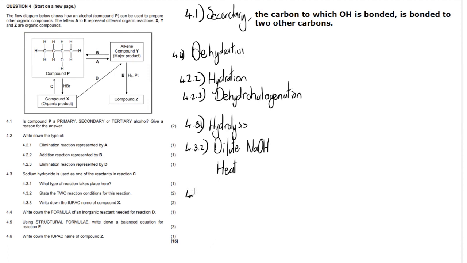All right, let's go into 4.3.3, the last one for this evening. 4.3.3, write down the IUPAC name of compound X. Compound X has this functional group being immediately substituted. It is not going to the alkene and then to compound X. It is being immediately replaced with our bromine, with our hydrogen bromide.